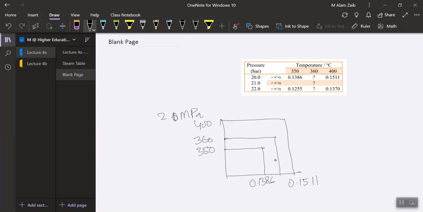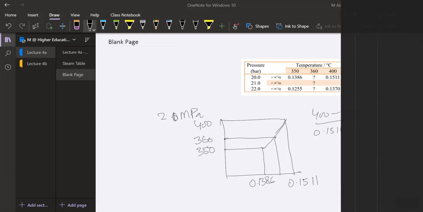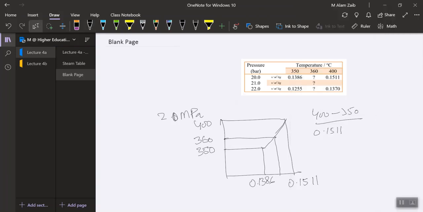I would do the interpolation between 350 and 400. So what I mean to say is, (400 minus 350) divided by (0.1511 minus 0.1386) should be equal to (360 minus 350) divided by (the volume which needs to be found out, minus 0.1386).